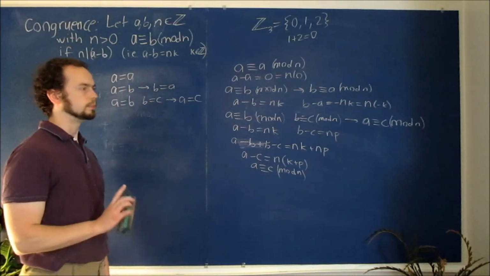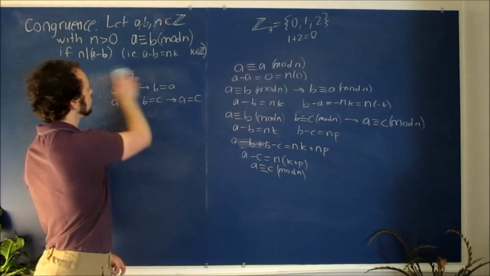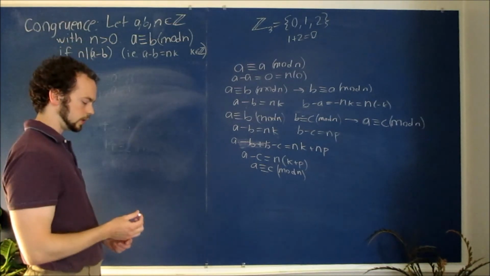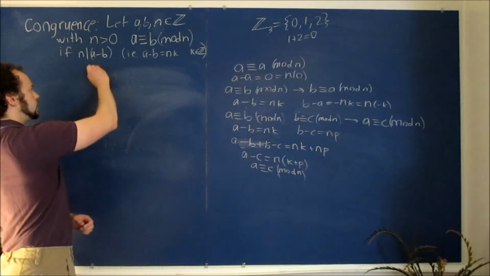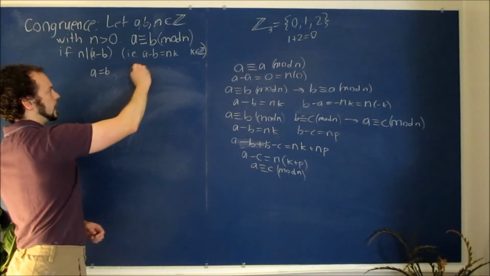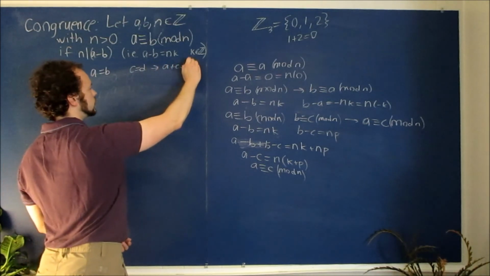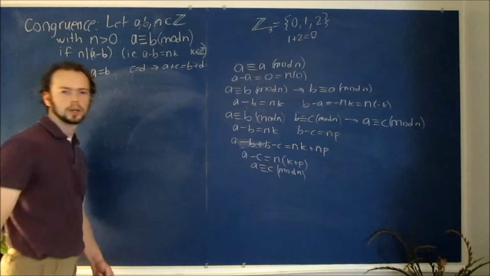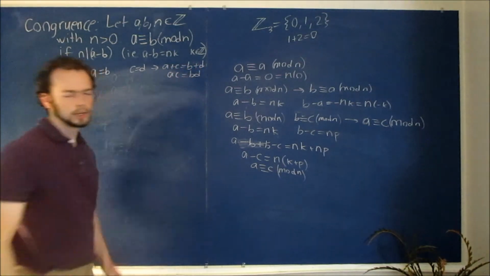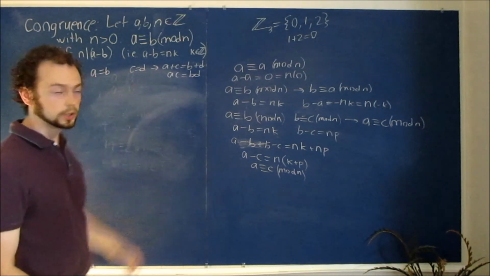One other property that we want to establish in this video. There's another important idea that you've encountered before in your high school algebra, and that is that if we have a equals b and c equals d, this implies that a plus c is equal to b plus d, and also ac equals bd. It turns out that the same thing holds for congruence.